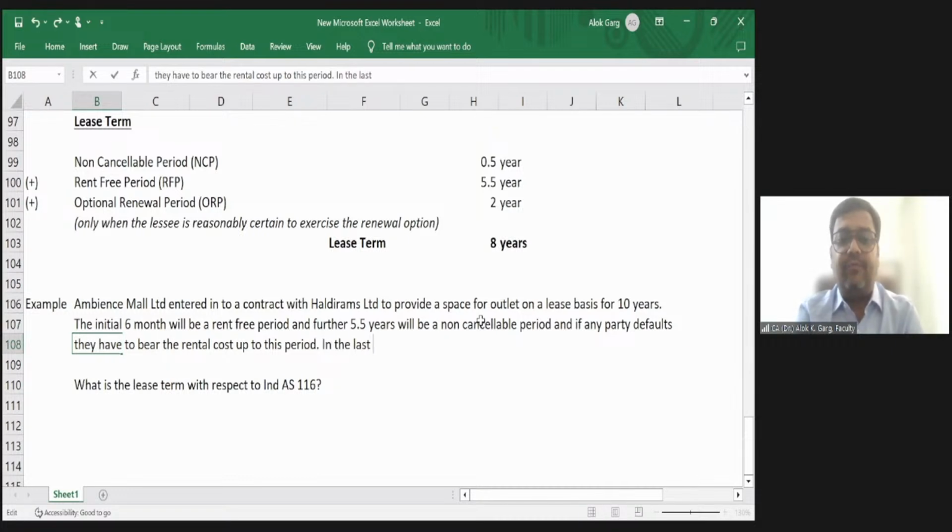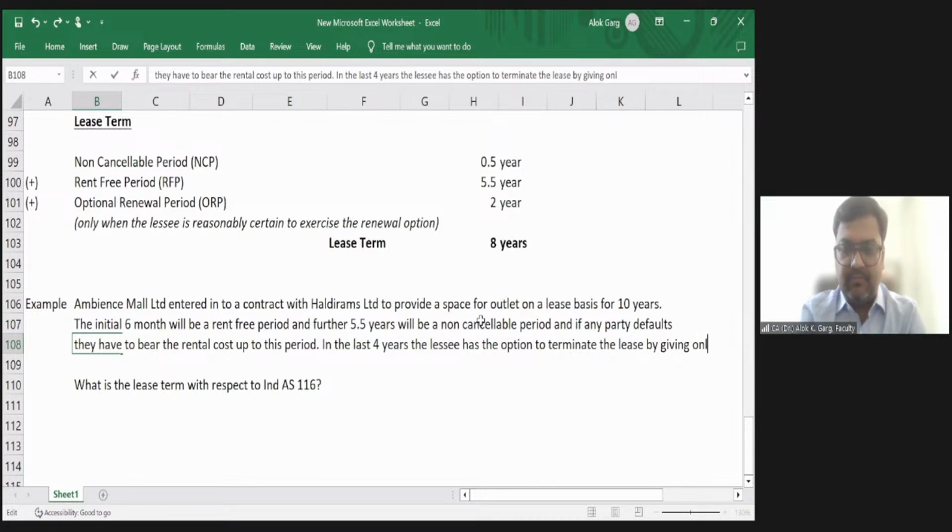In the last 4 years, the lessee has the option to terminate the lease by giving only a month notice, right?